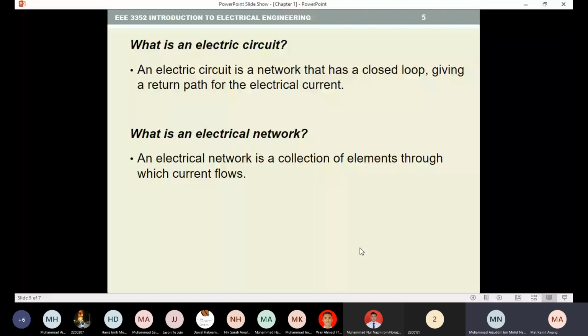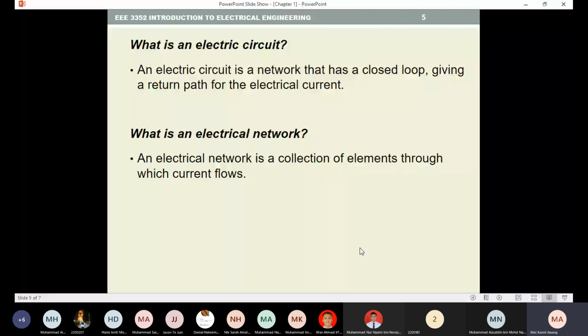So, what is an electrical circuit? An electrical circuit is a network that has a closed loop, giving a return path for the electrical current. So it's a closed loop where the electrical current can flow.